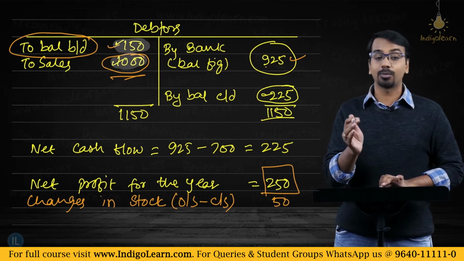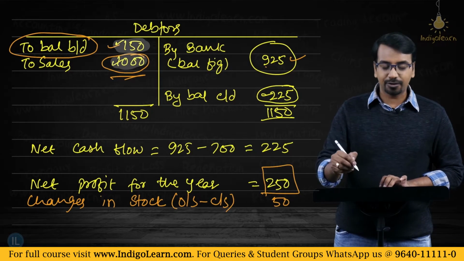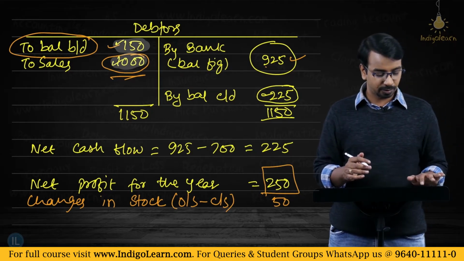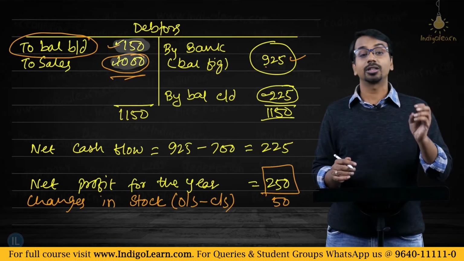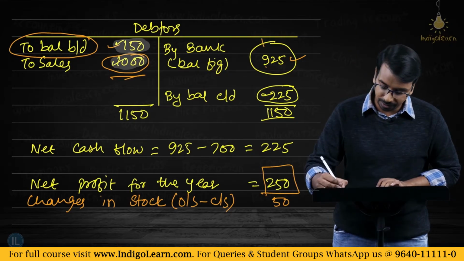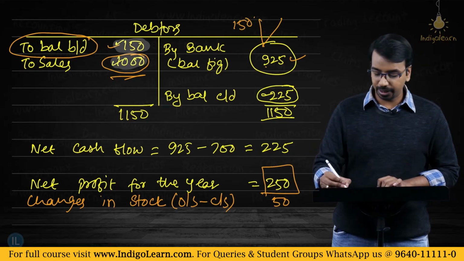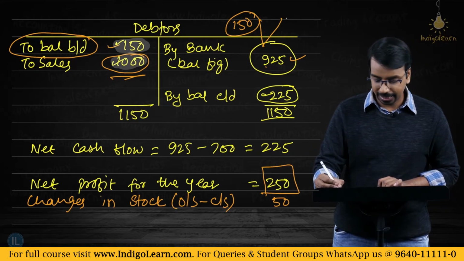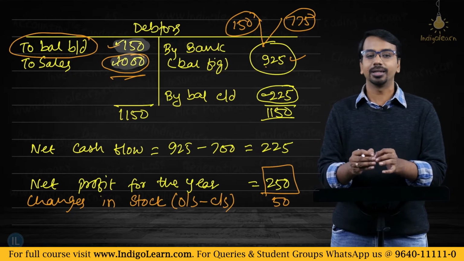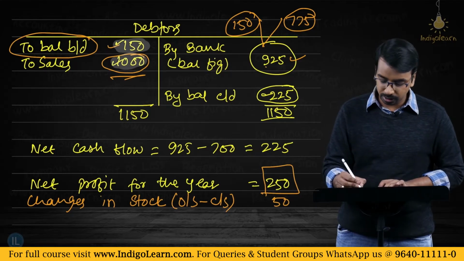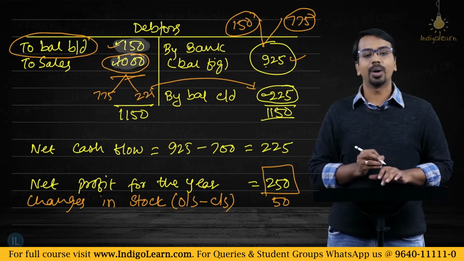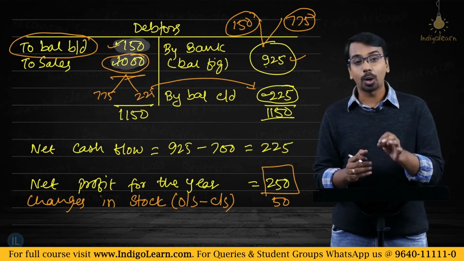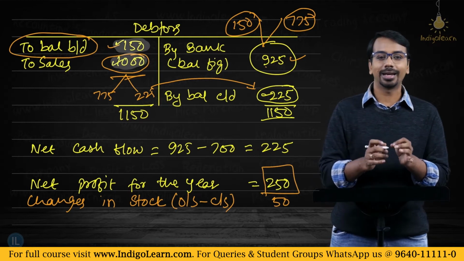So if 150 is from the opening balance, 925 minus 150, 775 has been collected for the current period. So this 925 comprises 150 of opening balance and 775 from the current year's sales. So out of 1000, we collected 775, the balance 225 is nothing but the closing balance. This, what I can say, is the logical breakup of the debtors account.